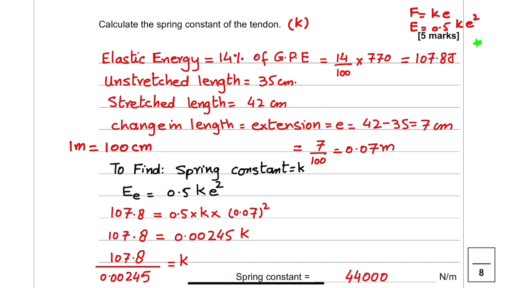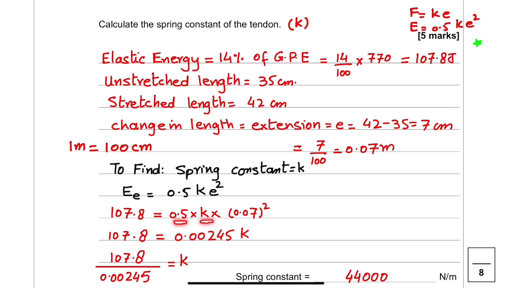We need to find the spring constant K. We are going to use the formula of elastic potential energy instead of using force is equal to K e. So we are using here elastic potential energy that is equal to 0.5 K e squared. 107.8 is the elastic potential energy. 0.5 means half.